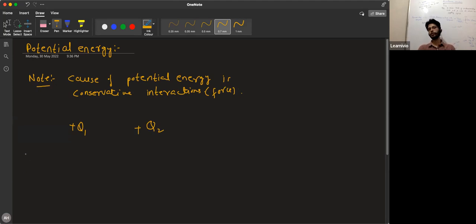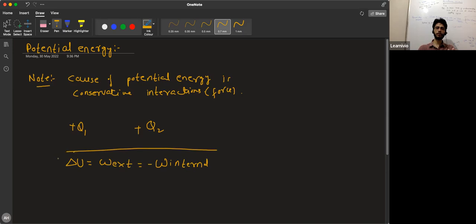Now, how to calculate potential energy? To calculate potential energy, we use work done. We basically use this formula: change in potential energy is equal to the work done by external force, or it's the negative of work done by internal force. So this is a general formula to derive all types of potential energy.